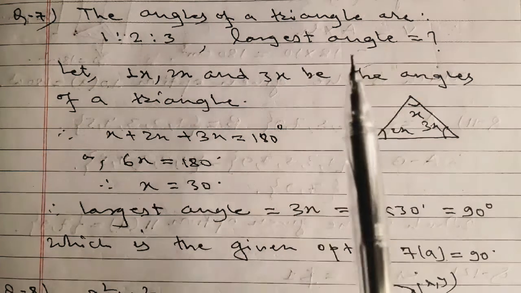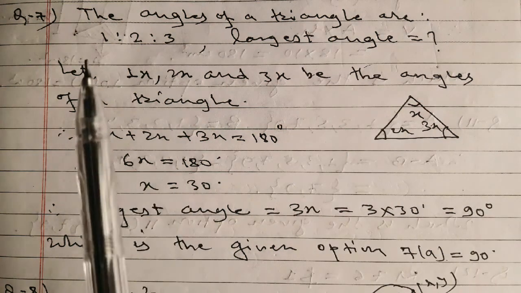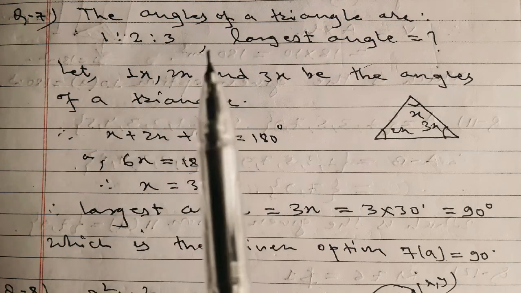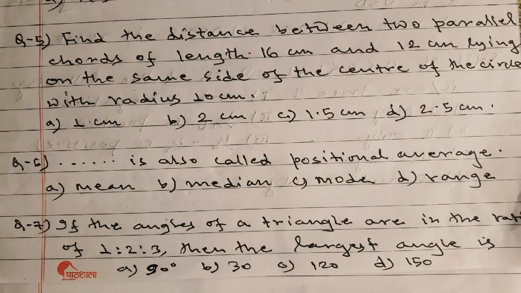According to the question, the largest angle is equal to 90 degree, which is the given option 7A. That means if the angles of a triangle are in the ratio of 1:2:3, then the largest angle is 90 degree. So 7A is the right option. So we have to choose 7A and circle it. Let's go to next question.